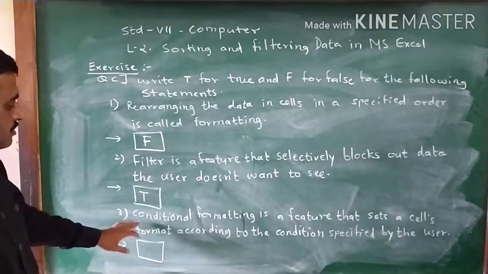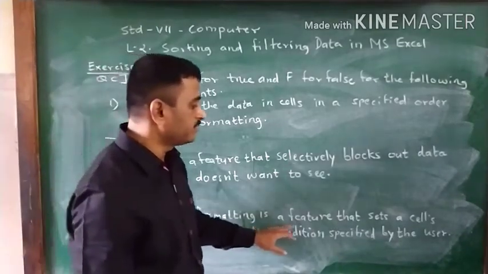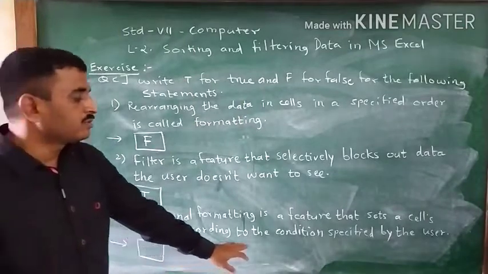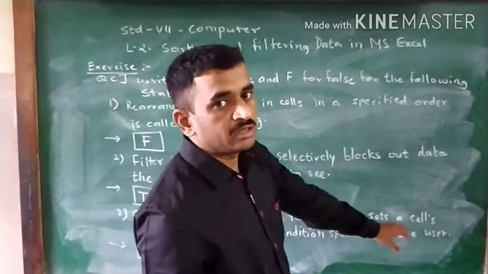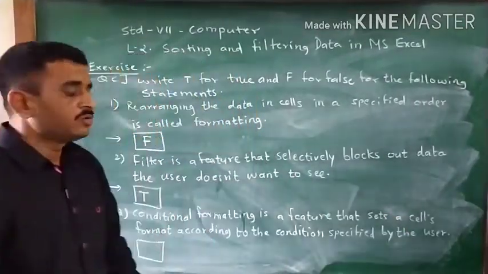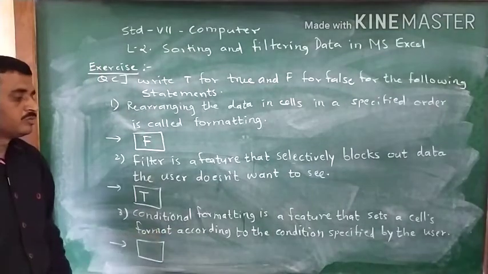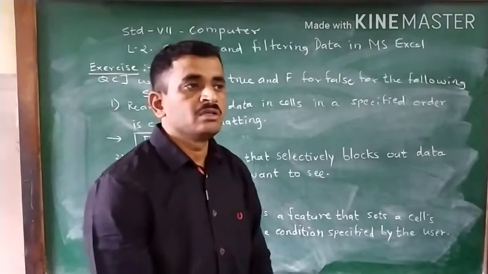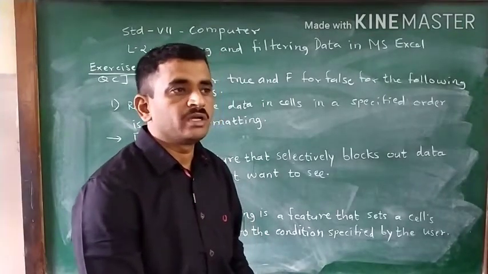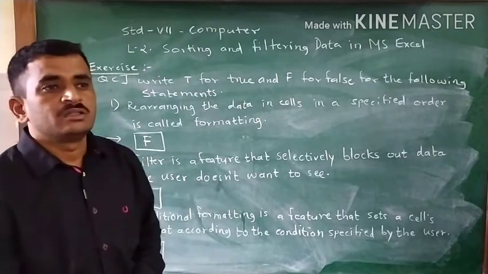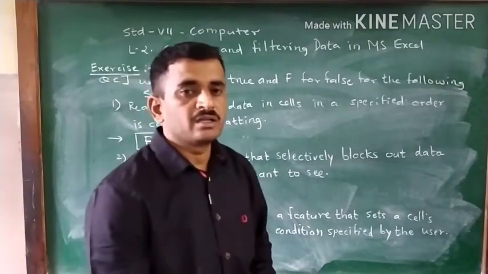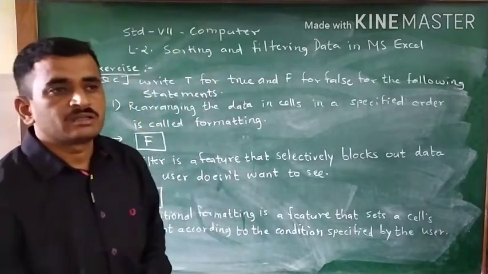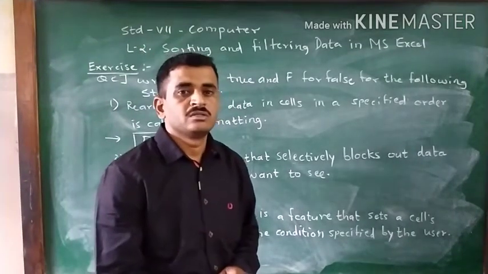Now the next one is: conditional formatting is a feature that sets the cell's format according to the condition specified by the user. So this is true, because by using conditional formatting only we can set the condition. Suppose the condition is less than 35 and the cell's format is that the number will get a red color. After setting, we can get the marks.